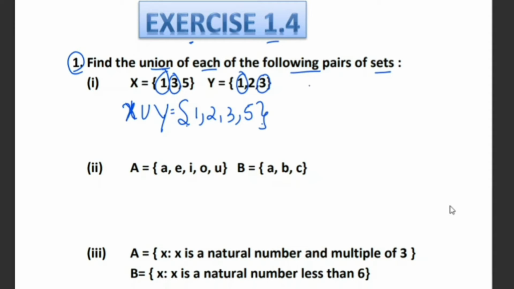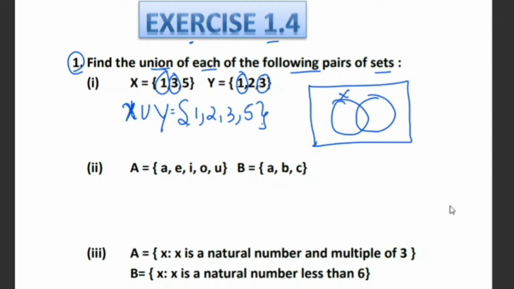They did not ask us to draw a Venn diagram, but do practice this, children, it will help you. X and Y, what is common here? 1 and 3, write it over here. What is remaining in X is 5 and in Y is 2. So shading will be for the whole circle.